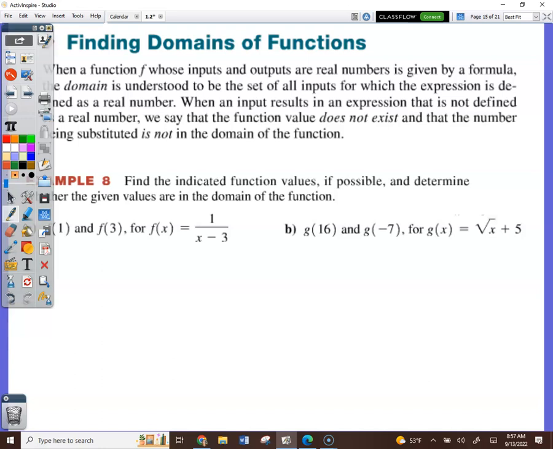The 2 you have to be careful with are when it's a fraction, the F word, or it's a radical, a square root.